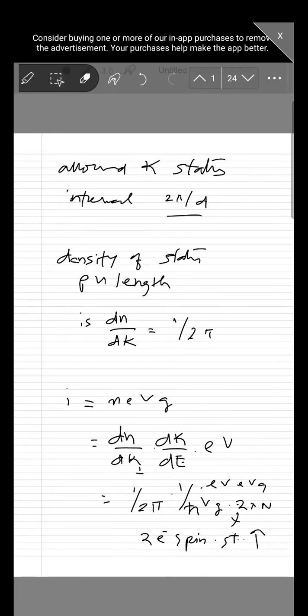Now, as we previously said, N is the number of allowed quantum states in the channel.